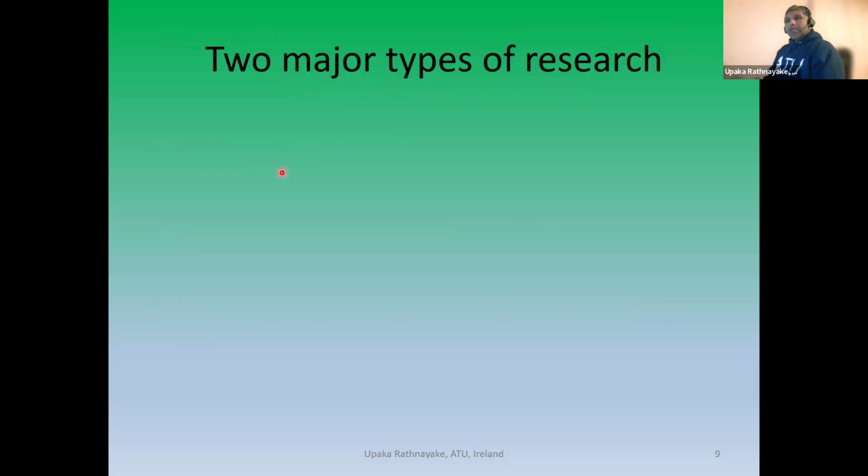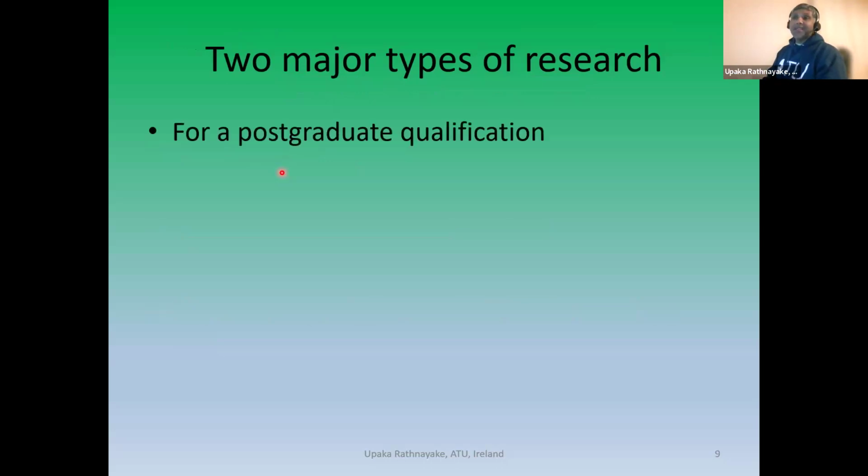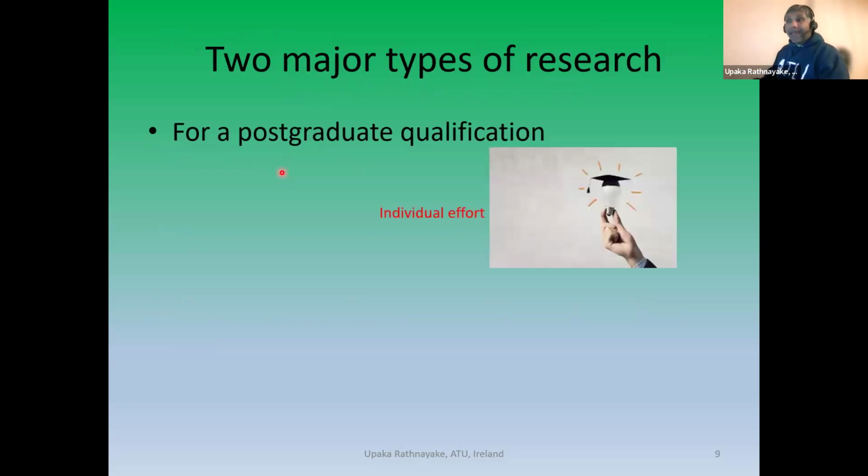So we can identify two major types of research work in the world. The first one is research work for a postgraduate qualification, for example, a PhD, MPhil, Master of Research, and so on. If you look at that, it's an individual effort.